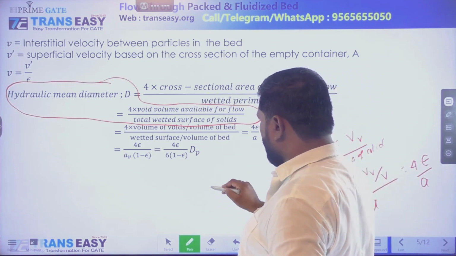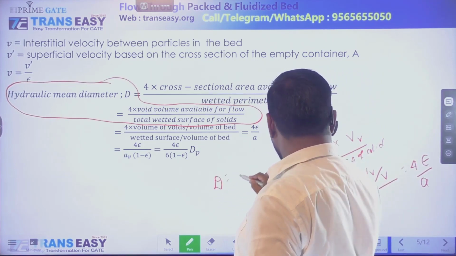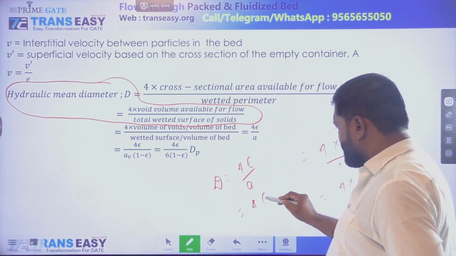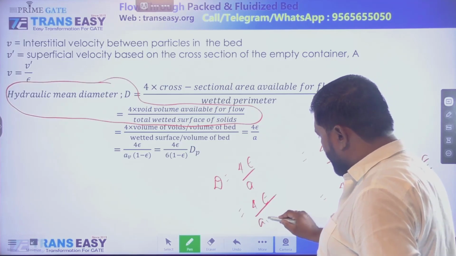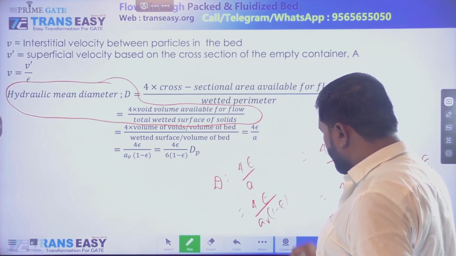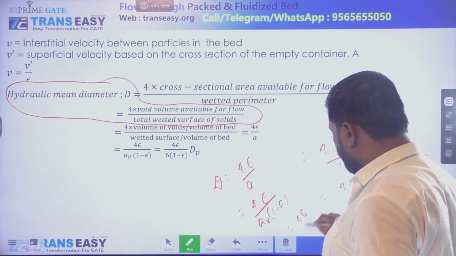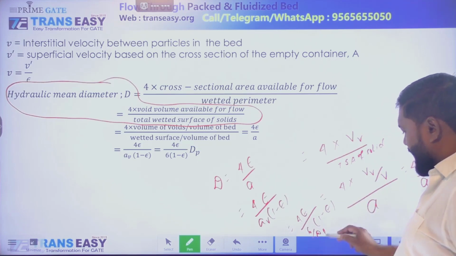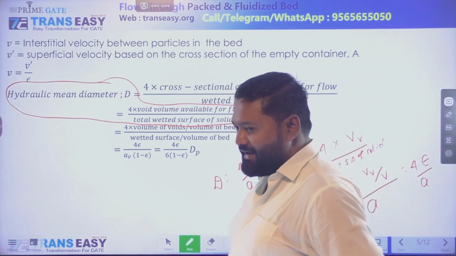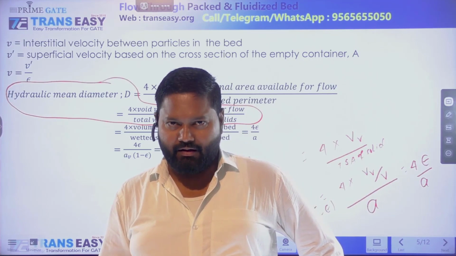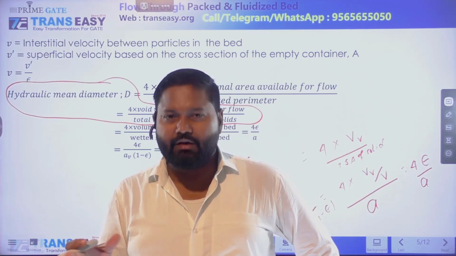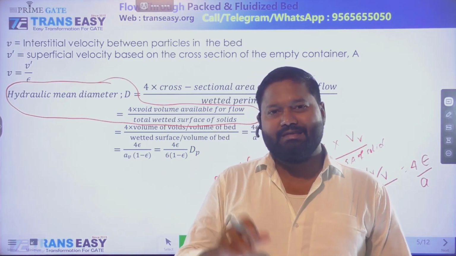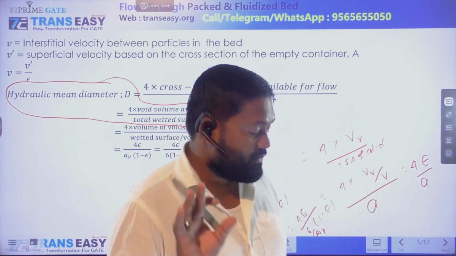Dear friends, this is called hydraulic mean diameter D, 4 epsilon upon A. A is AV times 1 minus epsilon, and AV is 6 upon dp, right? And dp is the diameter of spherical particles, and for non-spherical particles we can find dp by equating Sp upon Vp to 6 upon dp, right?